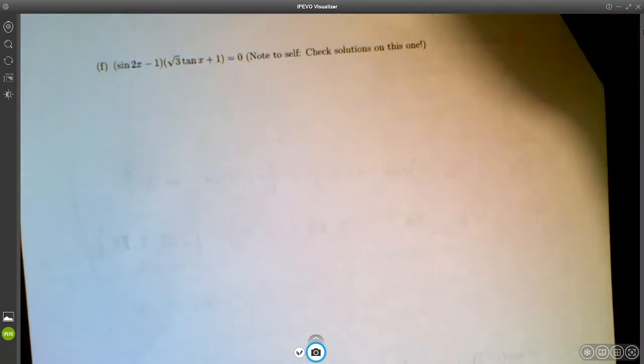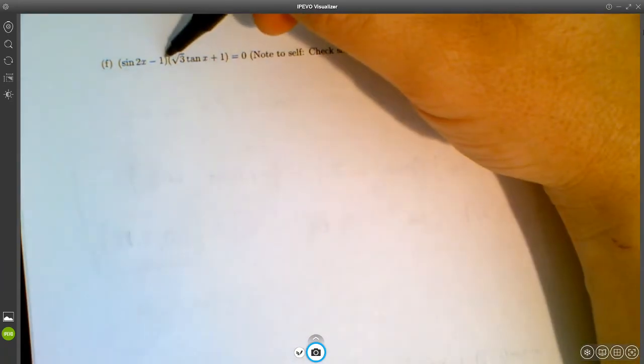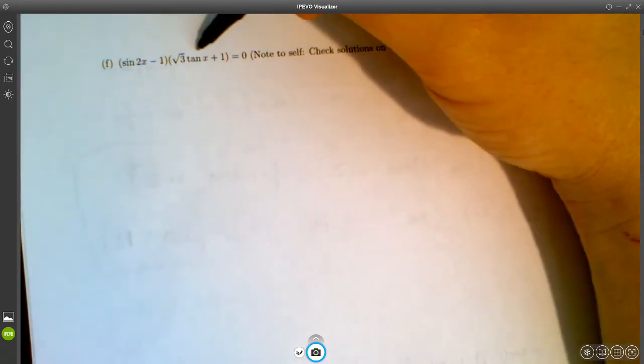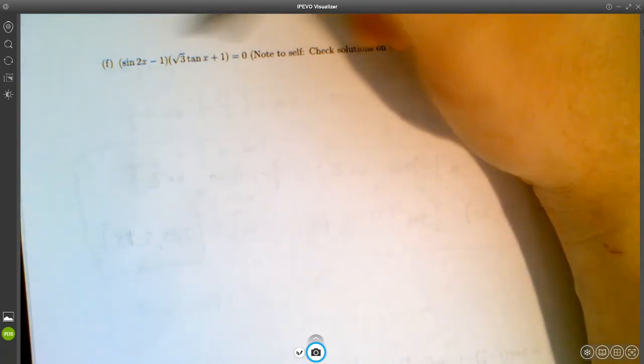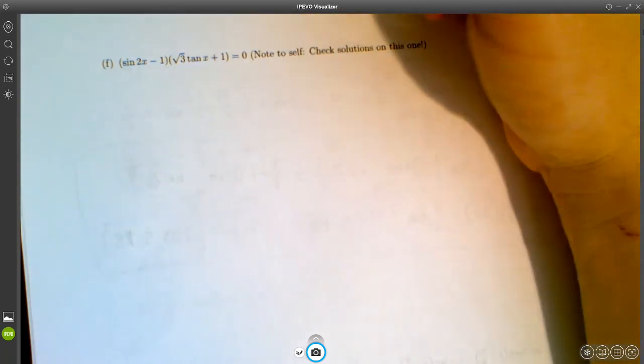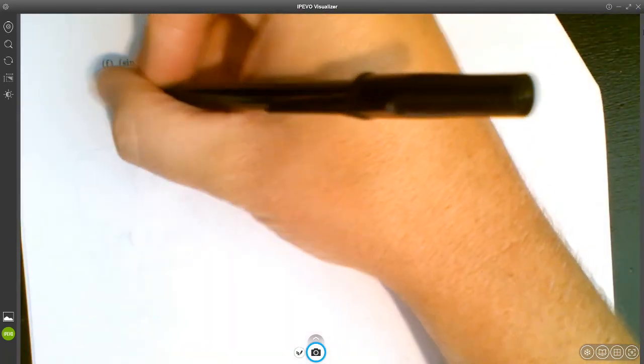Okay, well, how do we solve this one? Well, fortunately, this one has already been factored, and so what we can do is apply the zero product principle, right? We know if sine 2x minus 1 times root 3 tangent x plus 1 equals 0, then it should be the case that either sine 2x minus 1 is 0, or root 3 tangent x plus 1 is 0. So we'll look at those two cases.